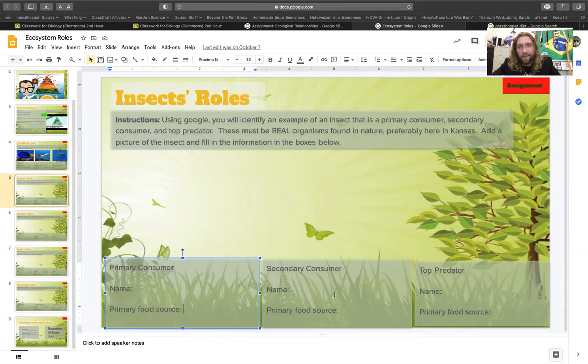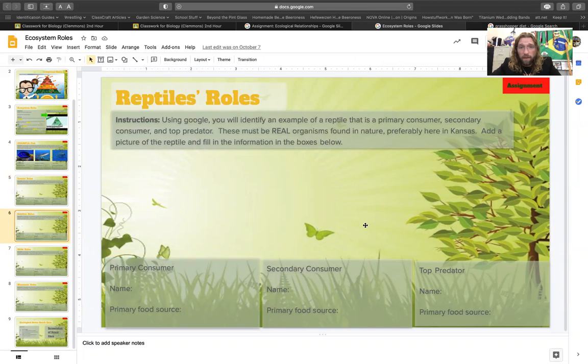But don't do that. Go find a better one. There's a lot of bugs out there that eat other bugs, and they're all really cool. So go look those up. And then top predator, well, what's the biggest, baddest bug you can find? Just put an example there. Insects really aren't going to be top predators unless they're in a small, isolated ecosystem where there's not other things bigger than them. So, you know, you got the point.